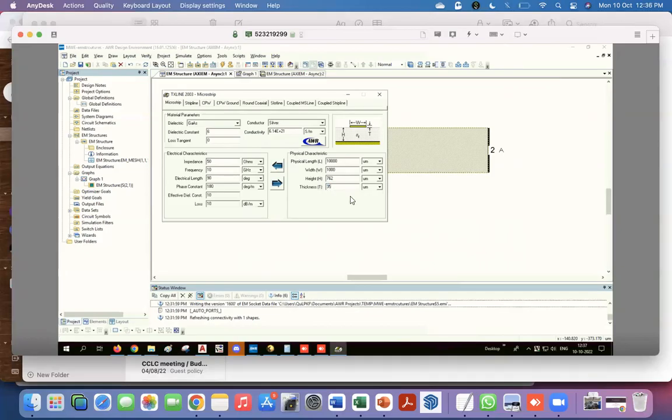Thickness we didn't really specify in the EM simulation because it was assumed to be a perfect conductor. Length was 5,000. 53 ohms is what the calculator predicts. So that is close enough to 50 ohms.